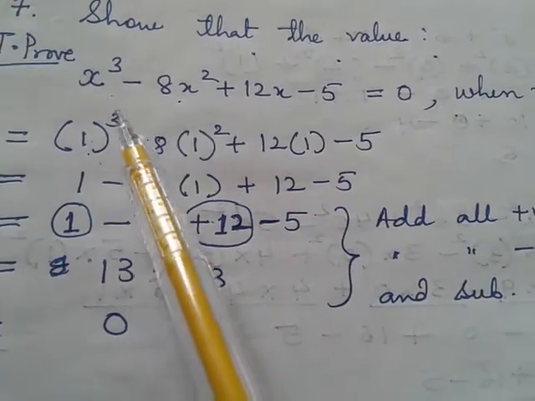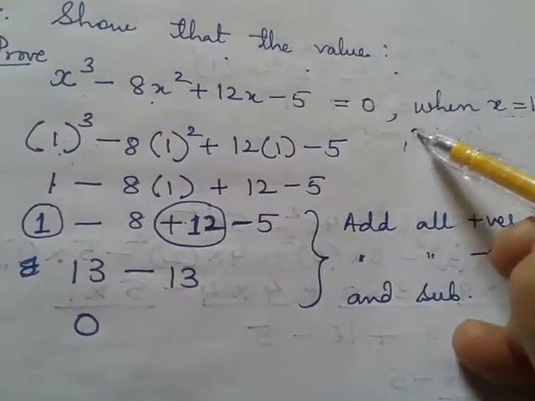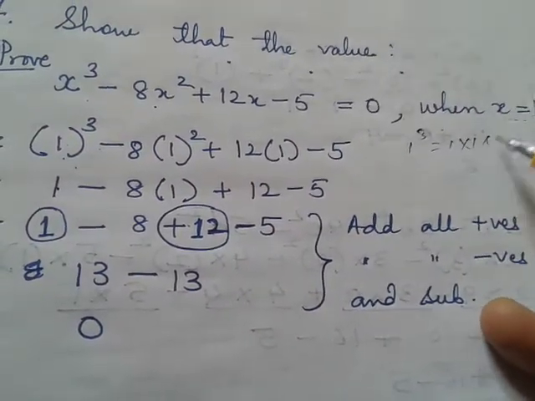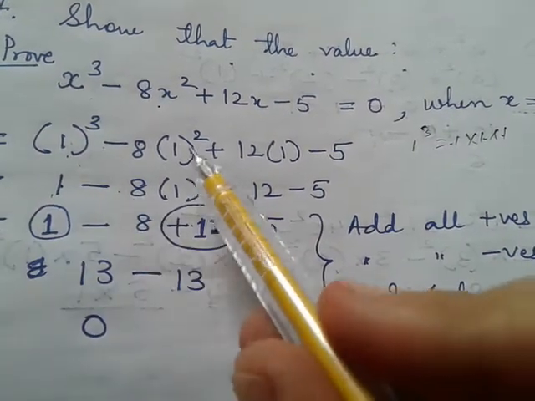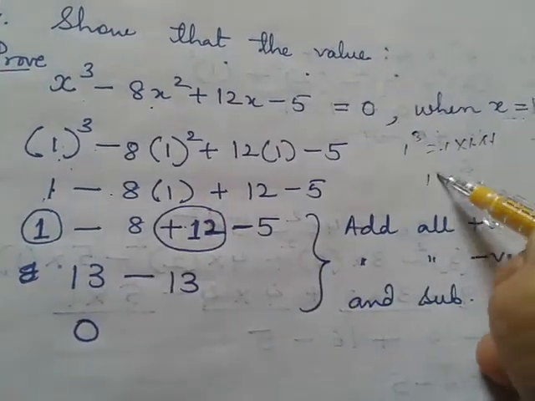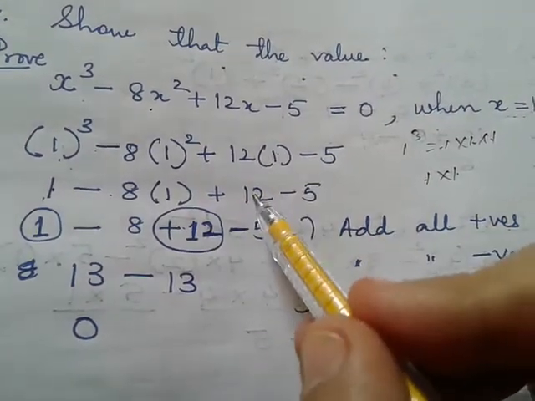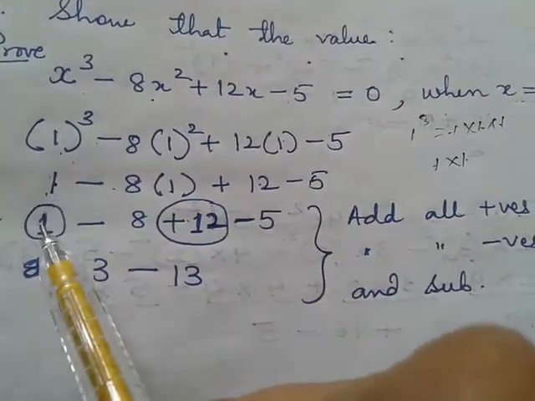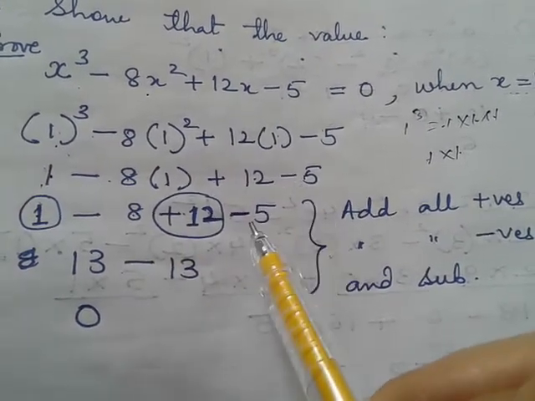Now 1 cube is 1, because 1 cube means 1 into 1 into 1. So 1 ones are 1, 1 ones are 1. So 1. 8 again square, 1 into 1, 1 ones are 1. 12 ones are 12, minus 5. So 1 as it is, minus 8 ones are 8, plus 12, minus 5.